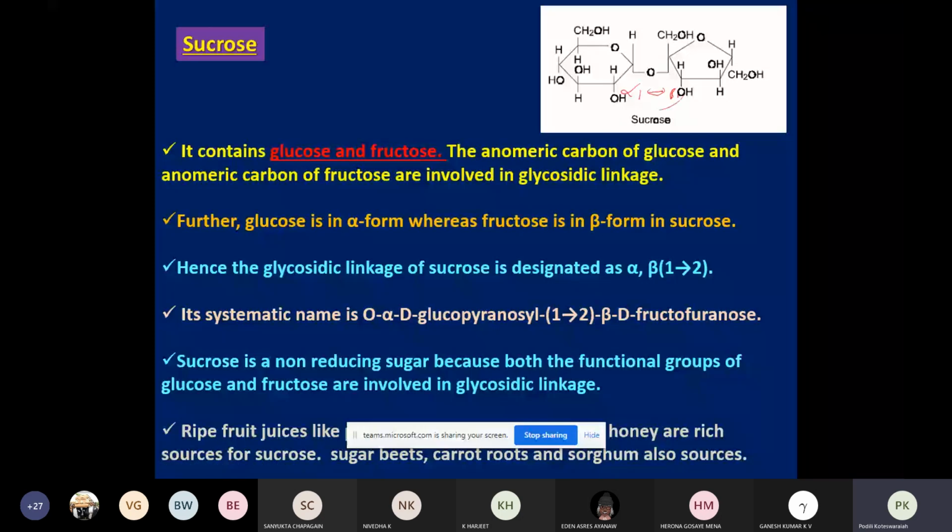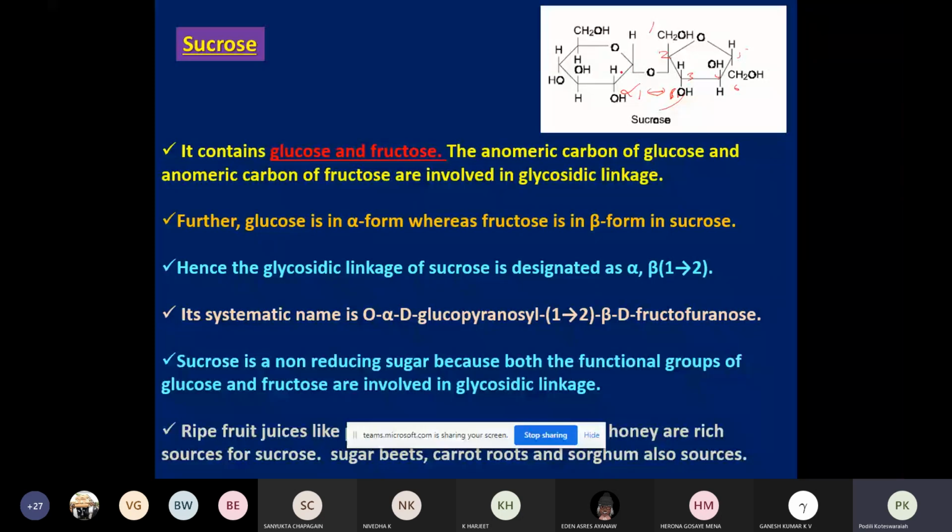In the sense, the anomeric carbon of the first sugar and the anomeric carbon of the second sugar are connected. In order to connect these two, the ring is inverted. This is the first carbon of the fructose, this is second, third, fourth, fifth, and sixth. So the linkage is alpha 1, beta 2.